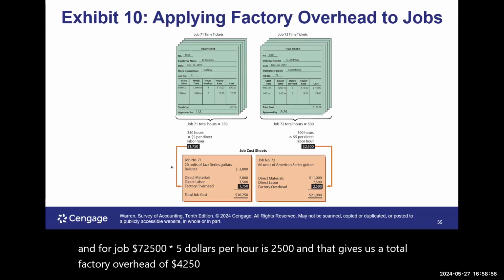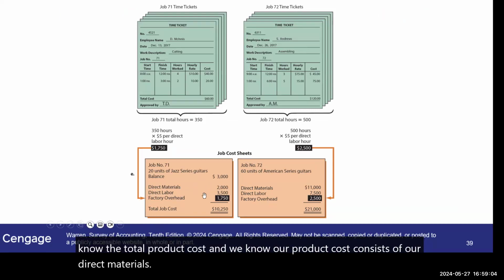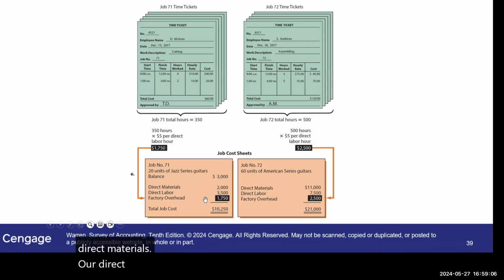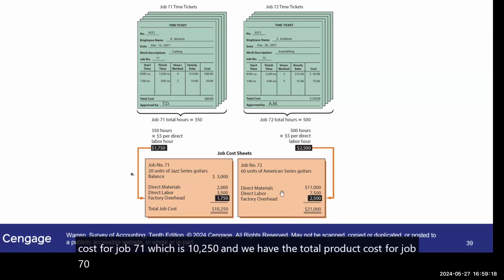Now that we have all of this information, we know the total product cost, which consists of our direct materials, our direct labor, and our factory overhead. The total product cost for job 71 is 10,250, and for job 72 it is $21,000.